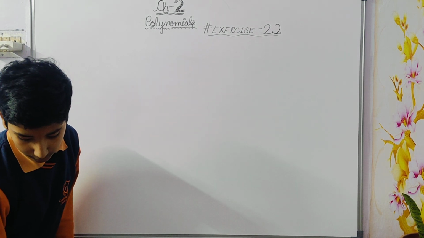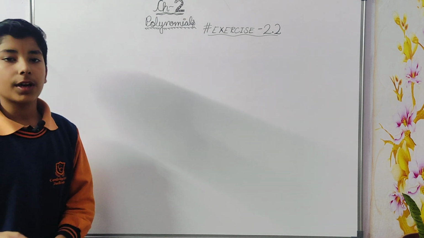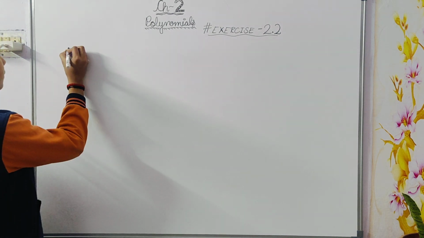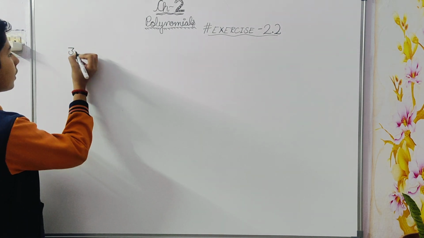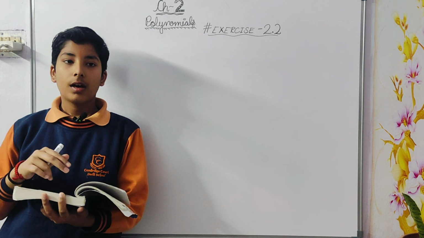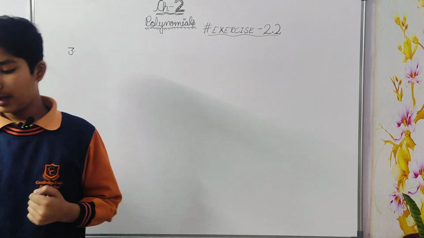So today I'll use blue, green and red pens and a black one for writing the questions. Question number 3. Verify whether the following are the zeros of the polynomials indicated against them.